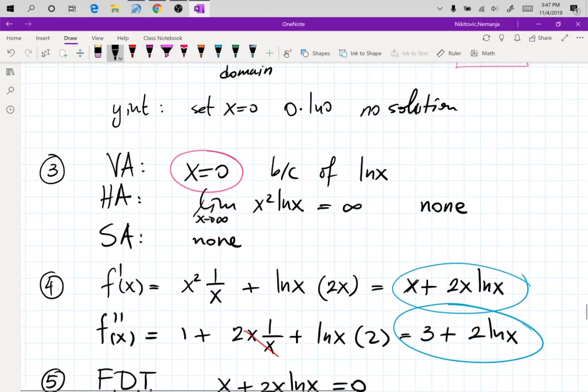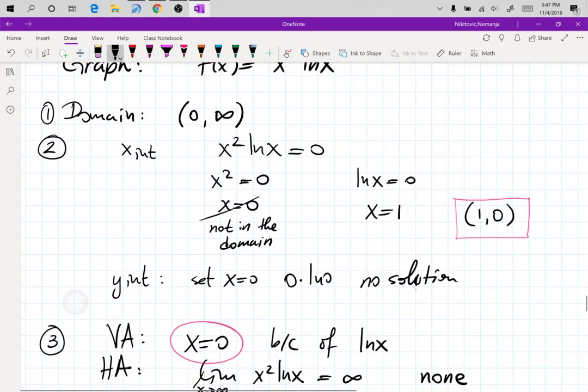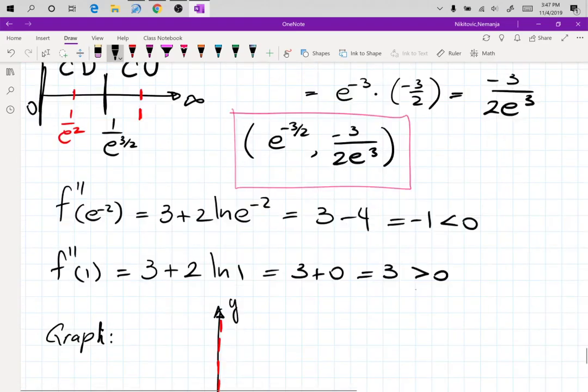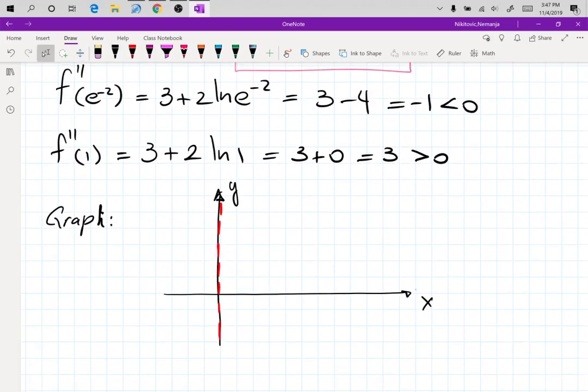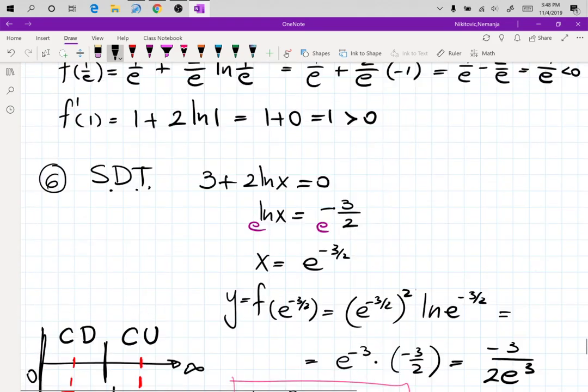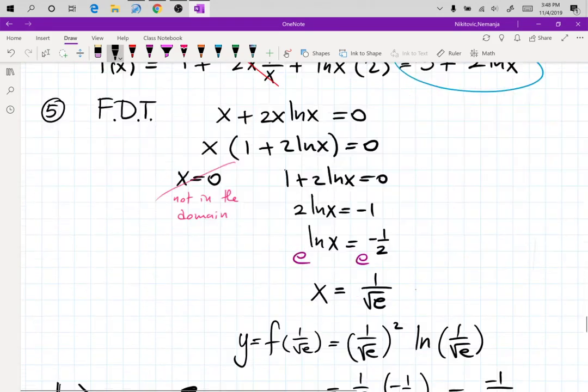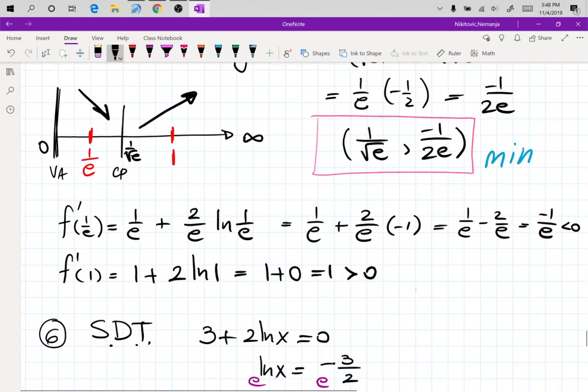So we have an intercept at 1, 0. X-intercept at 1, 0. Let's put that here. Then we are supposed to get a minimum at 1 over root e. So we have to figure out roughly what the decimals are for this one.